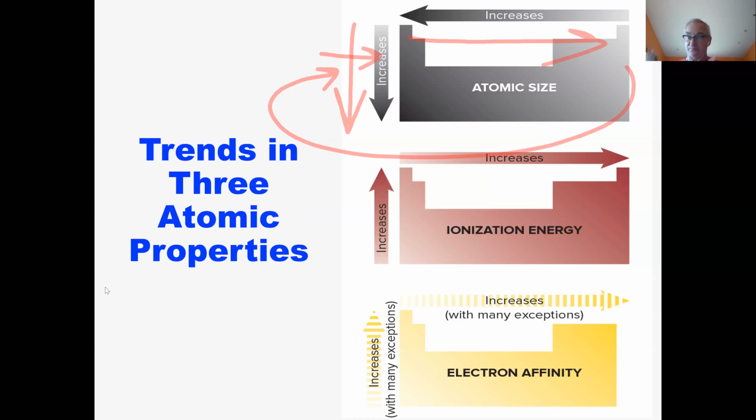Ionization energy is sort of the opposite. The ionization energy increases as you get smaller. So the amount of energy associated with pulling an electron away grows as you get smaller.